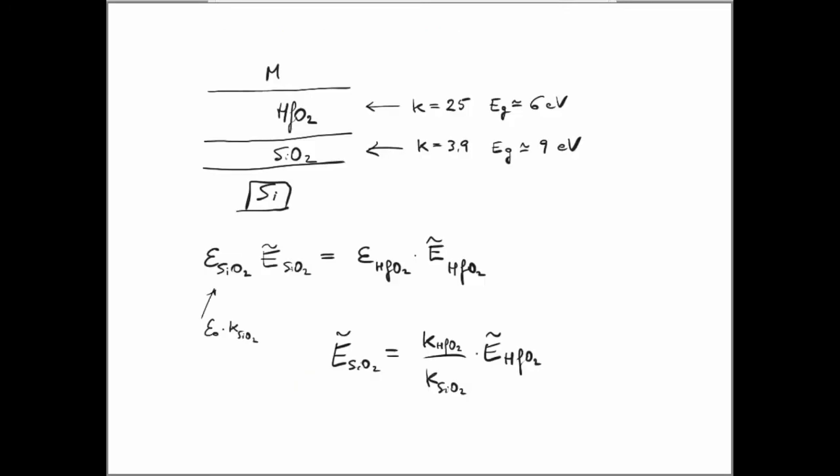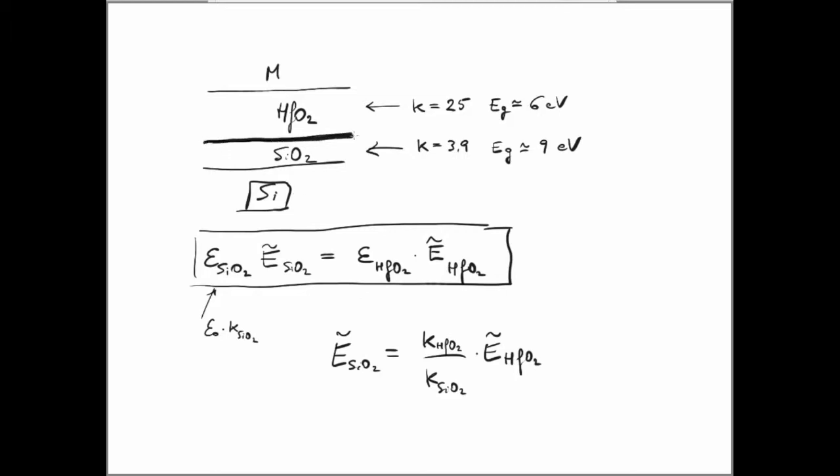Now, the reason why there is this difference in electric fields is because of a very simple electrostatic rule, or equation if you like: at the interface between two materials, electromagnetism requires that this equation is true. So in this case, at the interface between this insulator, silicon dioxide, and the hafnium dioxide, the product of the relative dielectric constant times the electric field at the interface must be equal.